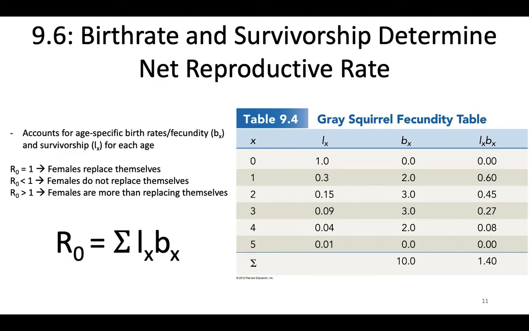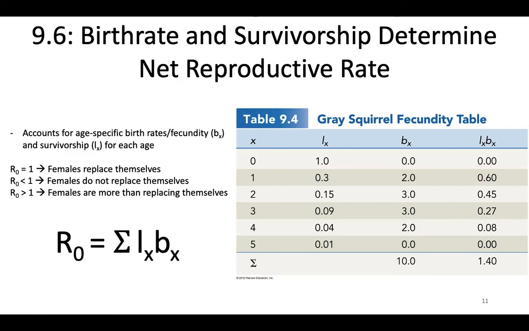And in this fecundity table, it's accounting for age-specific birth rates, which is fecundity, B sub x, and then survivorship for each age as L sub x that we saw earlier. And then if the net reproductive rate is equal to 1, females are just replacing themselves every generation.